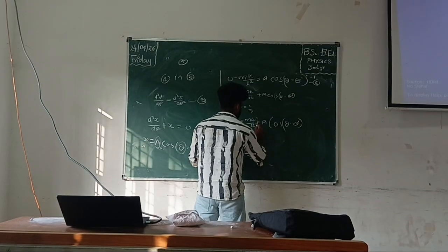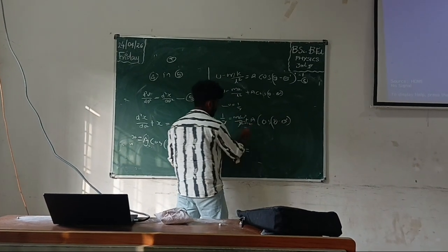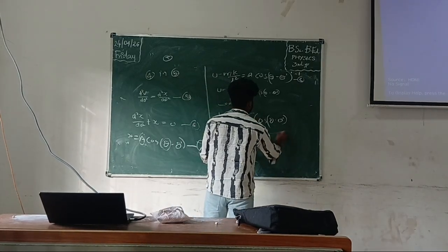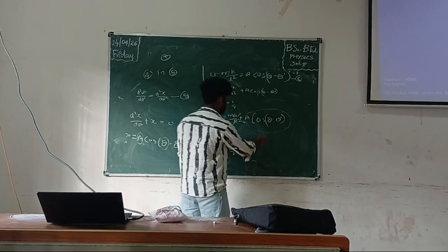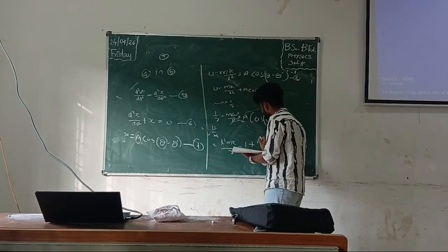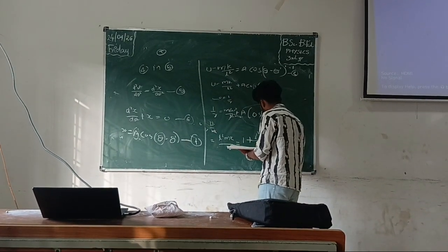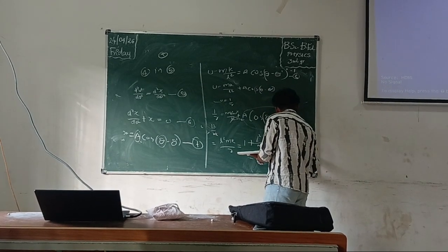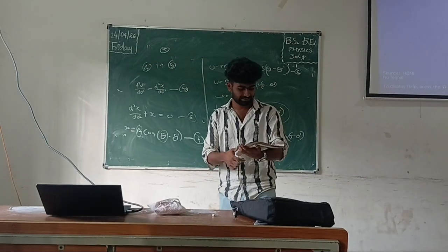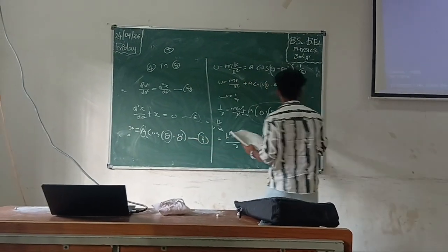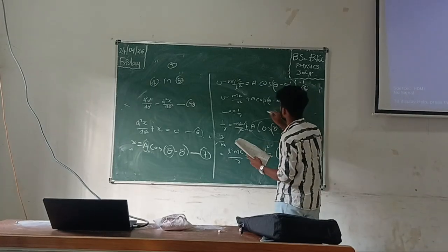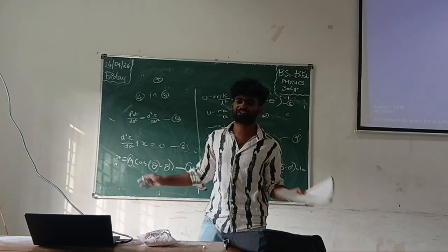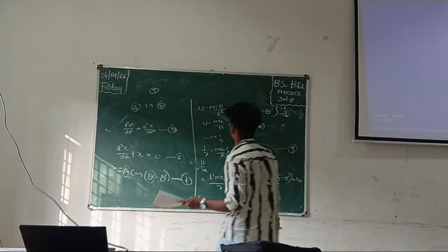The mk and mk cancel, and the l square cancels, so there will be 1, plus here also we multiply with l square by mk, so we get l square by mk into a cos(theta minus theta dash). Okay, so this is the ninth equation, and that way we reach the 10th equation.